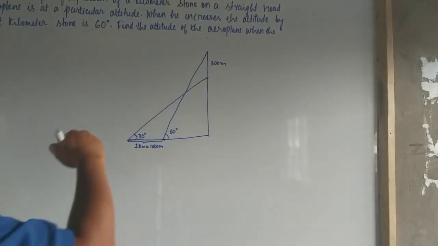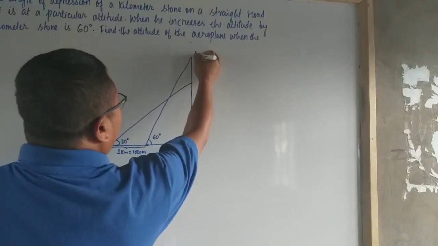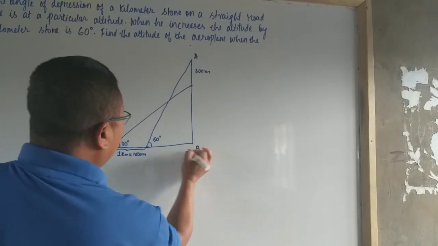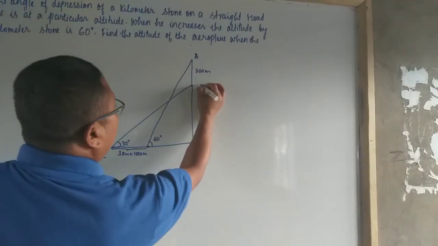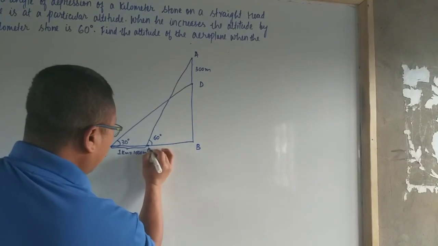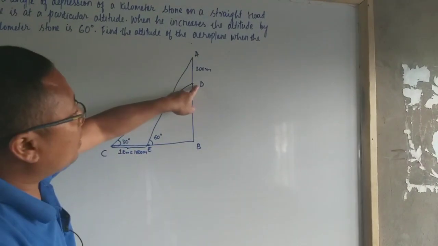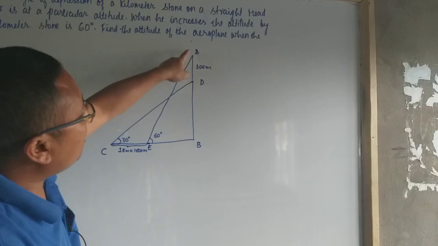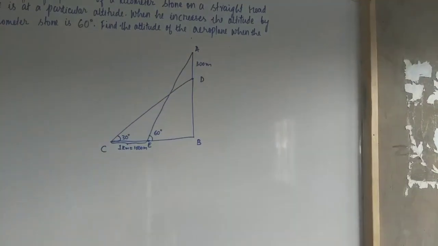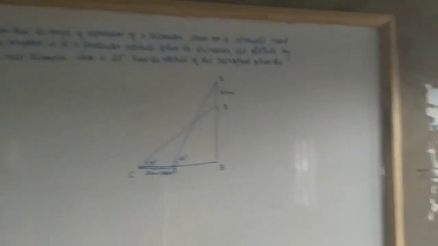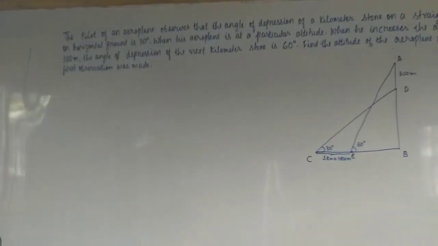So let's give the names A, B, C, D, then E. Now A and D are the positions of the aeroplane. So let's write what we have.